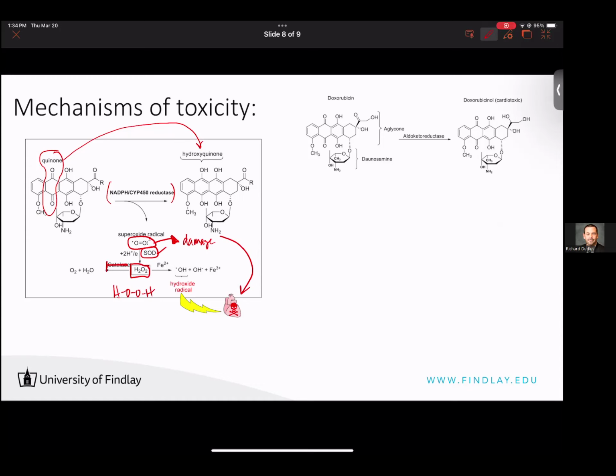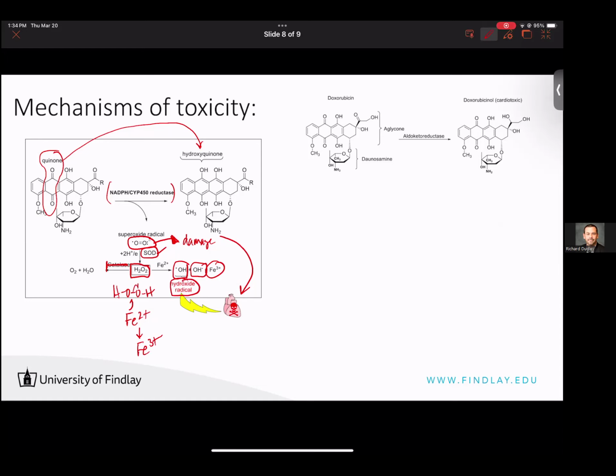What we're going to end up seeing is ferrous iron donating essentially an electron to peroxide. And in doing so, it's going to convert itself to ferric iron. And we've then just produced the hydroxide radical and then the hydroxide anion.